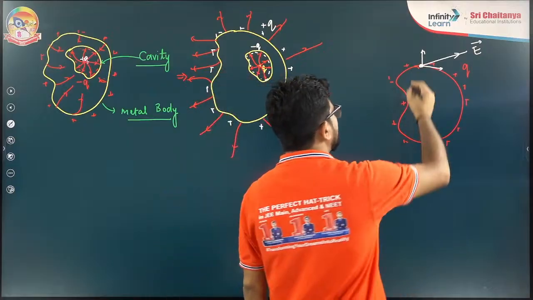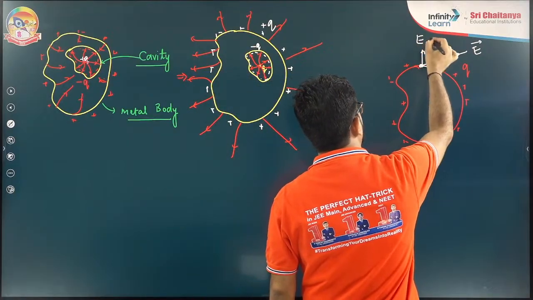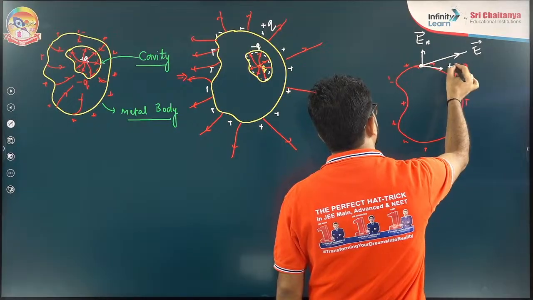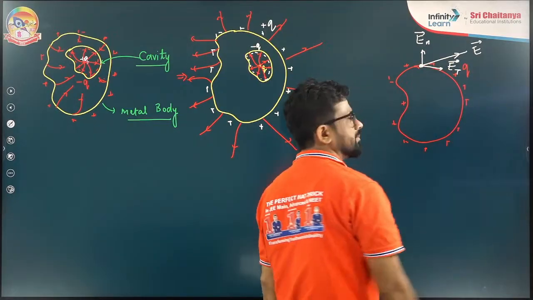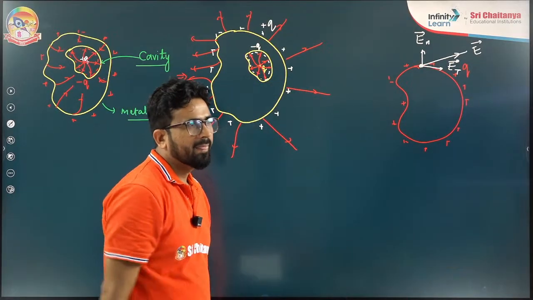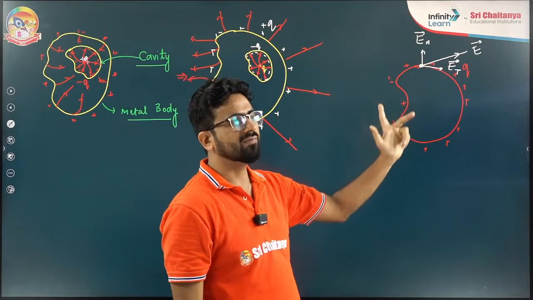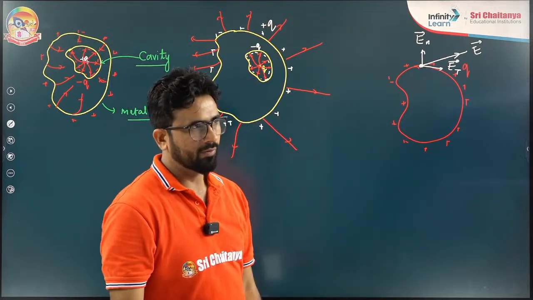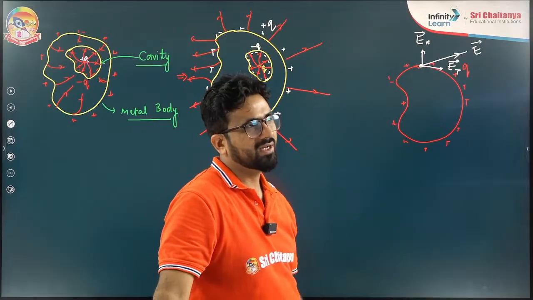So I am writing here, there are two fields: one normal to the surface, the other tangential to the surface.